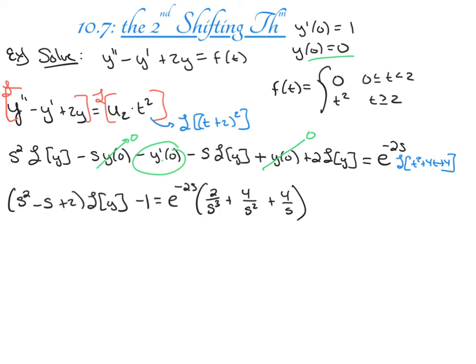Before I keep going, a comment on notation that's really important. I know there's a lot of writing associated with this. And I know, because I am quite lazy, it's tempting to not write the Laplace of y every time.